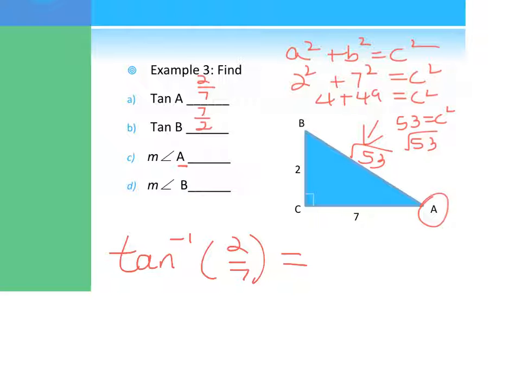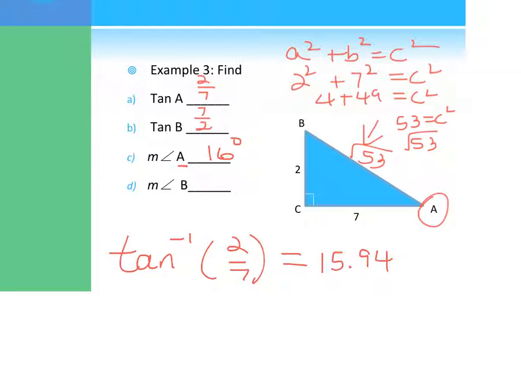Okay, so do tangent or shift tangent and then do 2 divided by 7. And tell me the angle measure you're going to get. 15.9. Okay, so we'll round it to the nearest degree. It's going to be 15.94. We're going to round that to the nearest degree and make it 16.